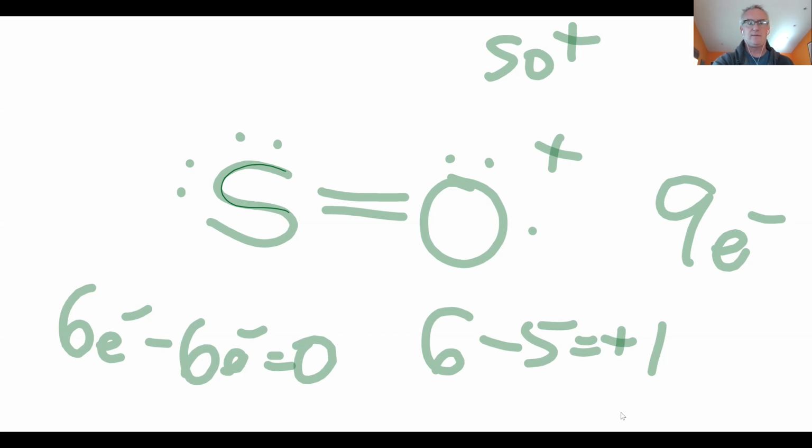So if we move one of these electrons to oxygen, now it has a full complement. So we'll take that electron away. Now it isn't charged anymore, and now sulfur is, which is more likely. Now sulfur has the positive charge. But you can see we have 2 different versions of the same molecule.